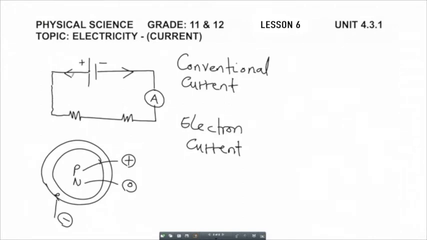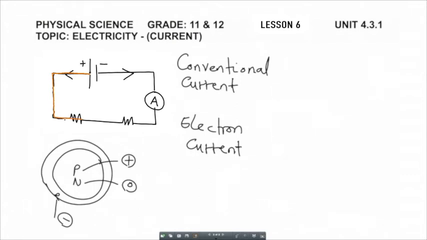So a charge will always be there, as long as you are having a source which is regarded as the battery or the cell. So that source is the one which is going to provide the amount of electrons that will be continuously moving, which is regarded as electric charge, throughout the circuit. Once that is provided, we have what we call electrical current.